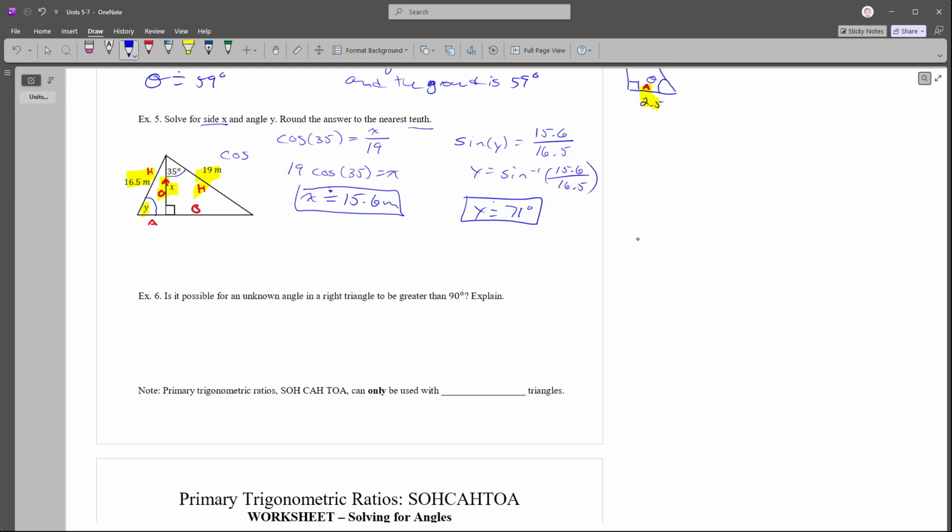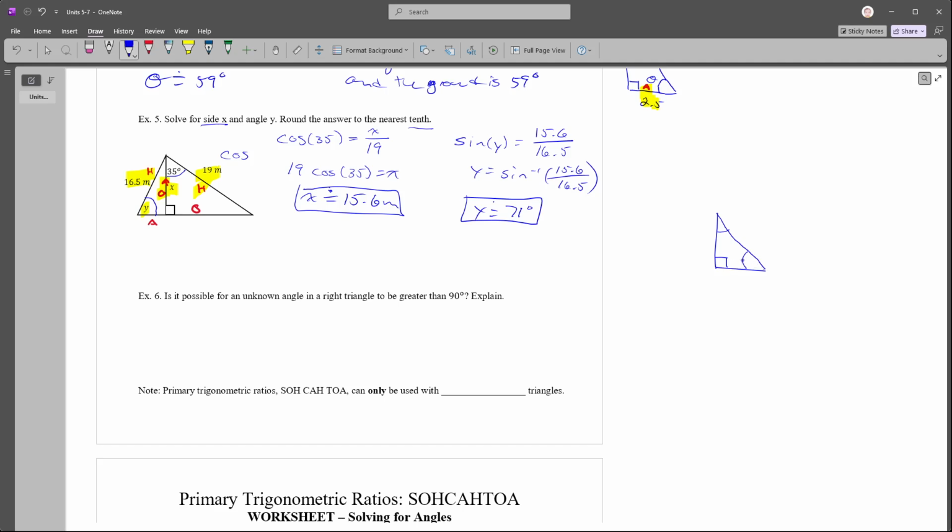Is it possible for an unknown angle in a right triangle to be greater than 90 degrees? So think about what it's saying here. We have a right triangle, and the only value we know is that right angle. Is it possible that either one of these angles, either this angle or this angle, are greater than 90 degrees?